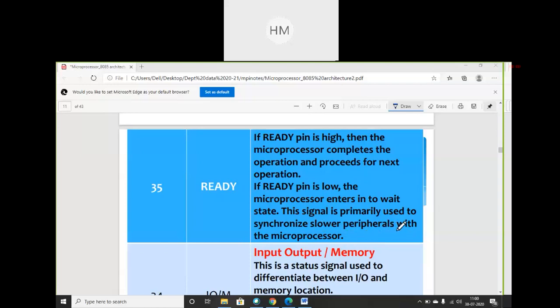Clear? So we will take a break and we'll continue the class, put it in the group. Okay. So you can write a few operations if you want. You have drawn the pin diagram also.